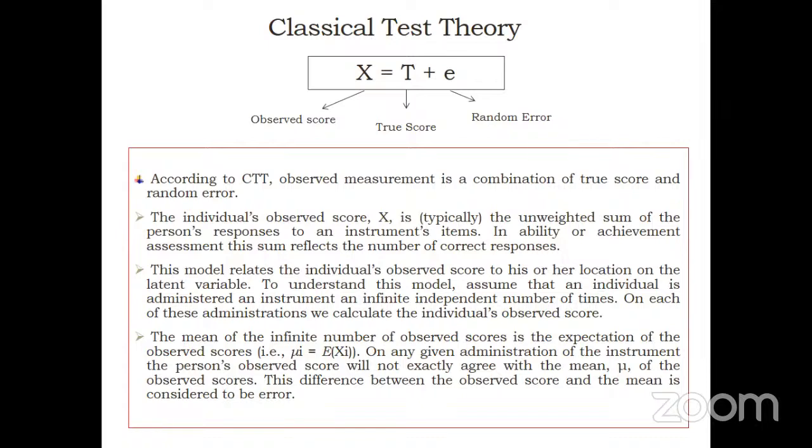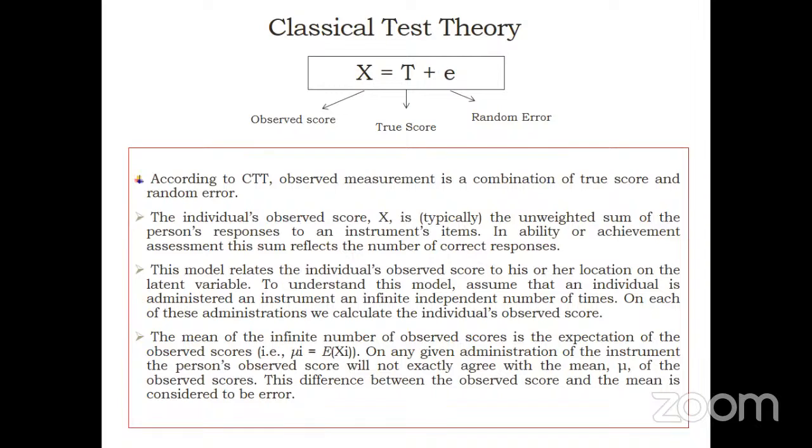Okay, so this random error is nothing but these kinds of disturbances, these confounding effects that we see in the testing situation. This observed score is not exactly the true score that we can get for a particular person based on his or her ability or achievement.